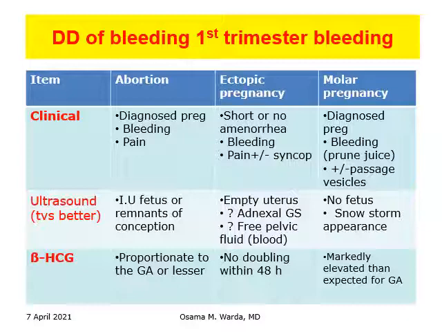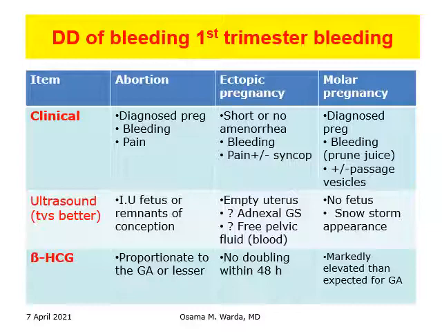With ultrasound, in abortion, there is an intrauterine fetus or remnant of conception. In ectopic pregnancy, there is an empty uterus with or without adnexal mass, or a sac with free fluid in the Douglas pouch. With molar pregnancy, there is no fetus in complete mole, or maybe a fetus with partial mole.